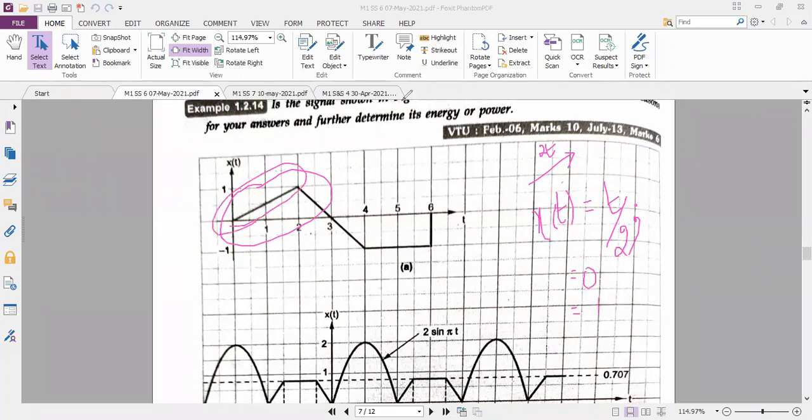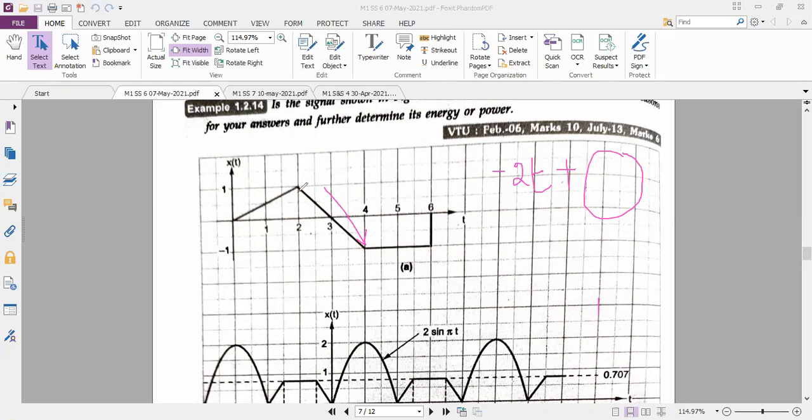Now, can anybody guess and tell me between 2 and 4? As I said earlier, it should be minus, since it is going downwards. So it is minus 2t plus some number to adjust the amplitude level.